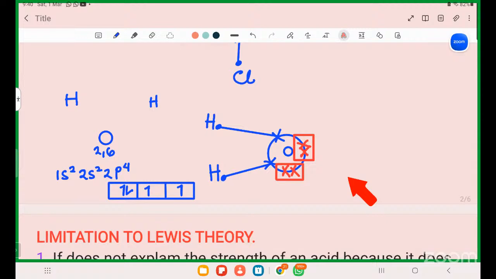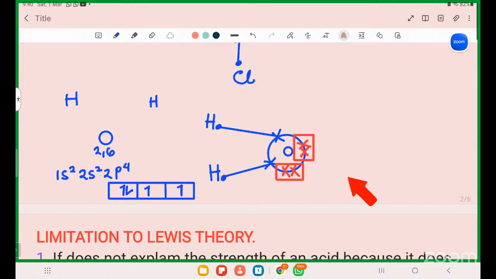Let me check the chat box. Question: is there any theory that supports against the other points? Yes, water can act as an acid, and water can also act as a base.